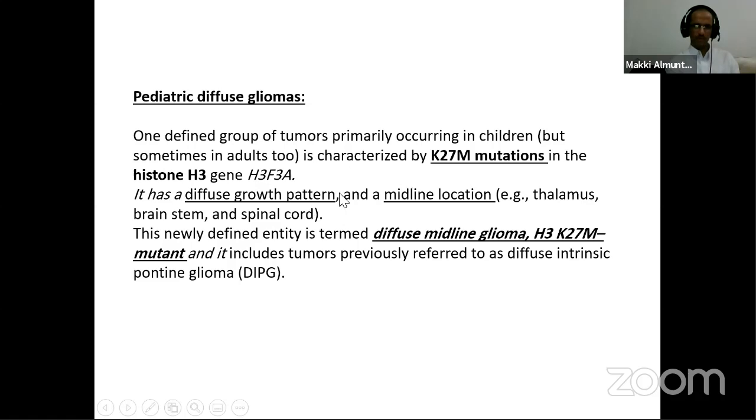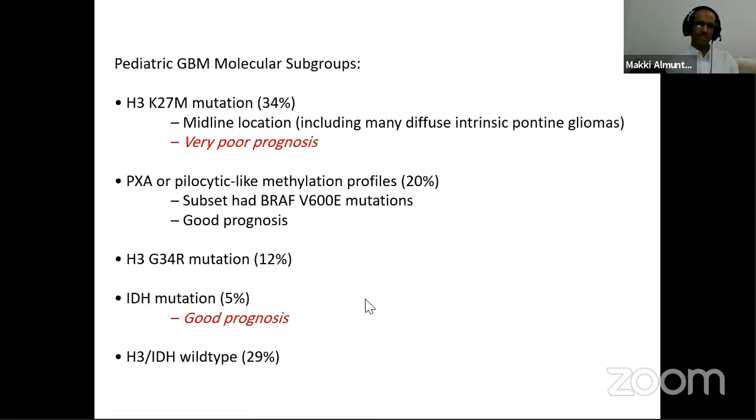So diffuse midline glioma tends to be in the midline, including thalamus, brainstem, and spinal cord as well. Pediatric GBM has molecular classification, H3K27M mutation in 34%, and this is very poor prognosis. IDH mutation has good prognosis. IDH wild type has poor prognosis, and it's more common than IDH mutant in pediatrics as well.